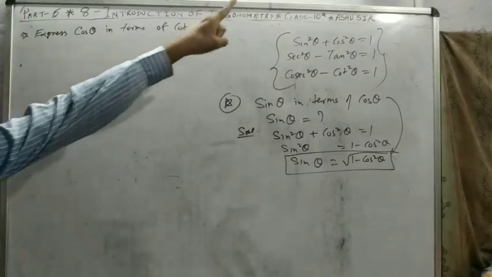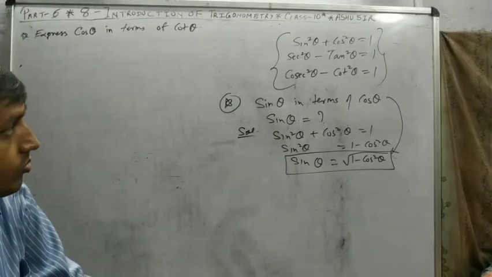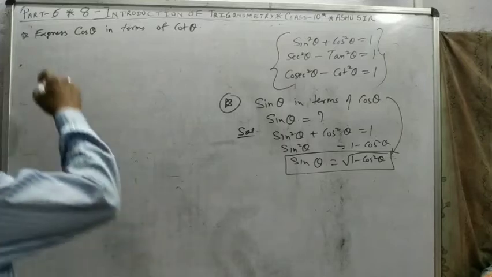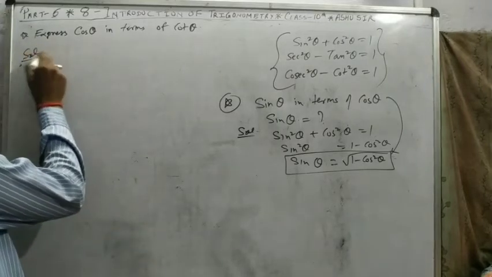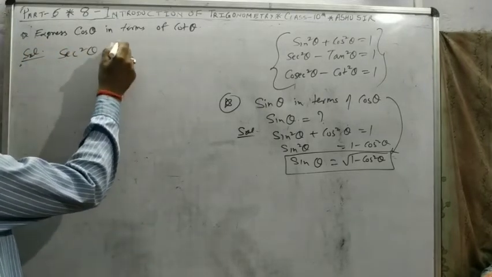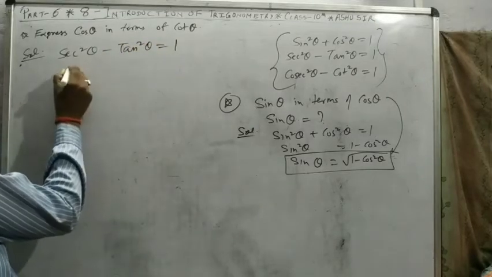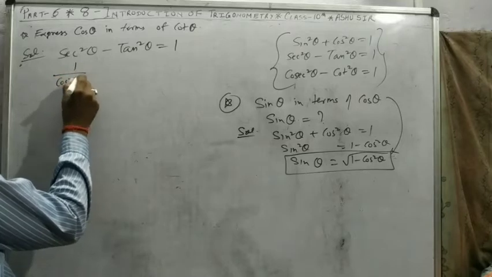cos, cot. Which identity is it? You say, sir, no, but I say yes. If you see the second identity, sec square theta is equal to 1 upon cos square theta.